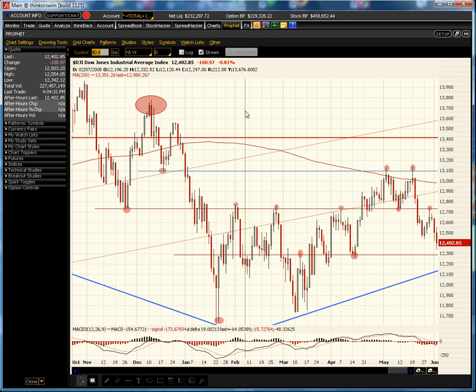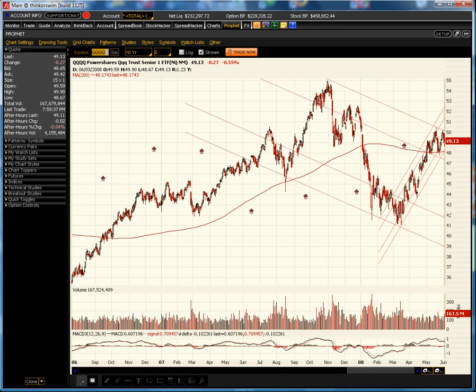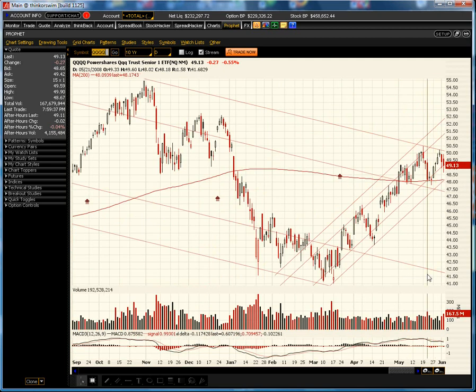And they said technology is starting to come around again. Tech stocks are starting to come around again. And if you take a look at the QQQs, which is the PowerShares ETF for the NASDAQ 100, you can see that during this recent rally, the prices have run up pretty good.